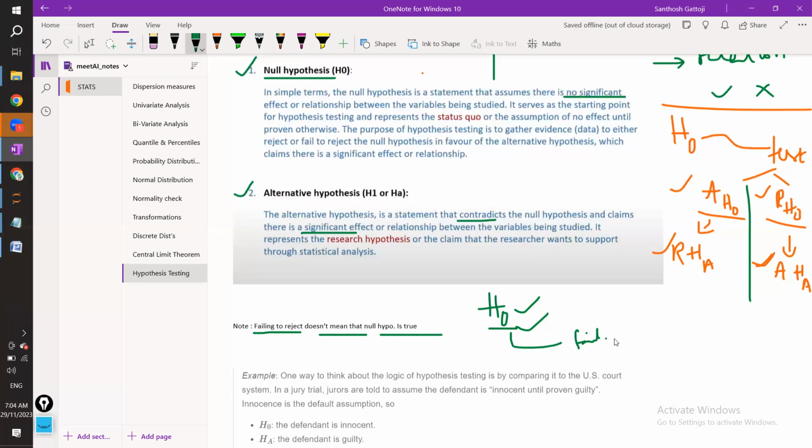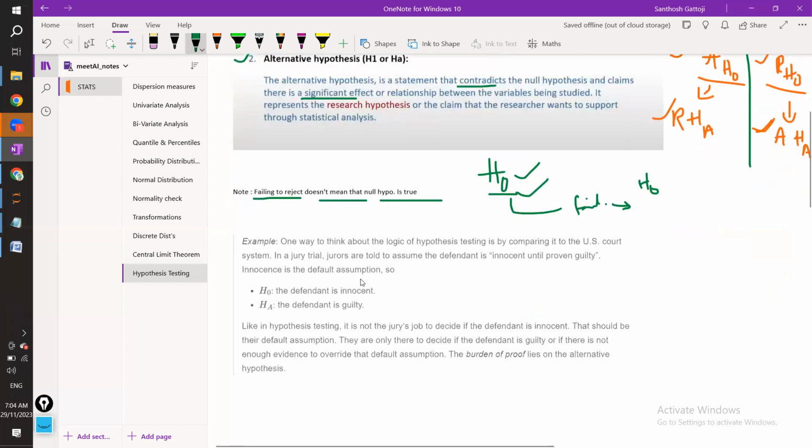Simply failing to reject does not mean null is true. That only means that I am not able to collect sufficient evidence to reject the null. Just because I am not able to reject the null does not mean it is true. I'll give an example so that you will understand this better.